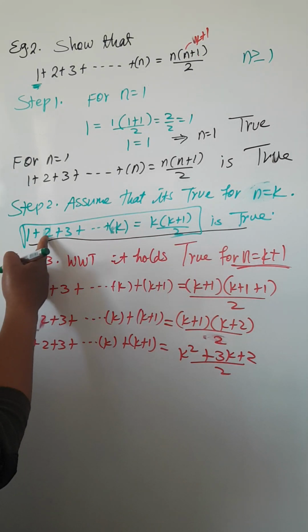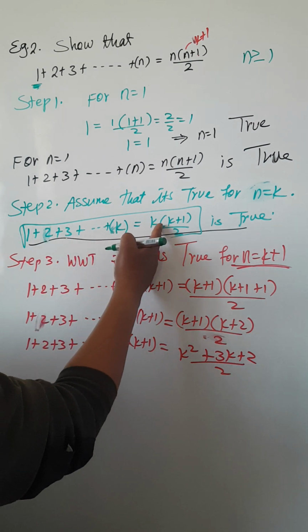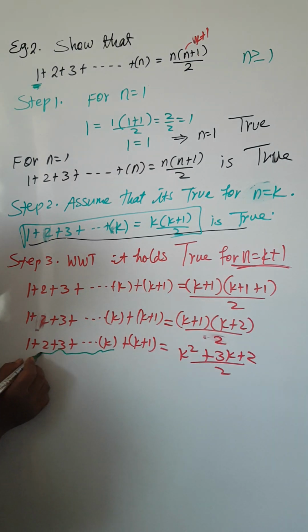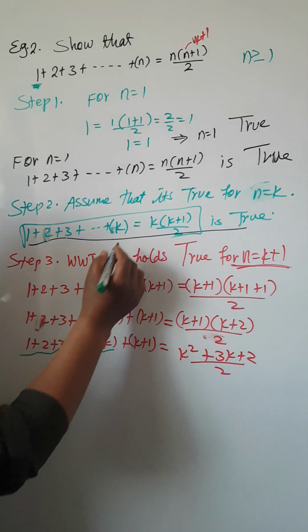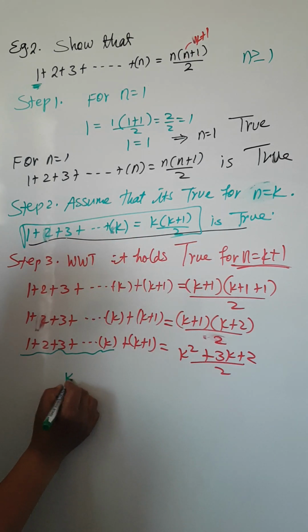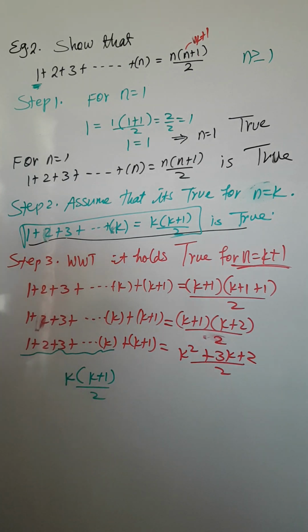1 plus 2 plus 3 plus k is equal to k times k plus 1 over 2. Meaning this part of our series in the third step is simply equivalent to k into k plus 1 over 2, only this part.